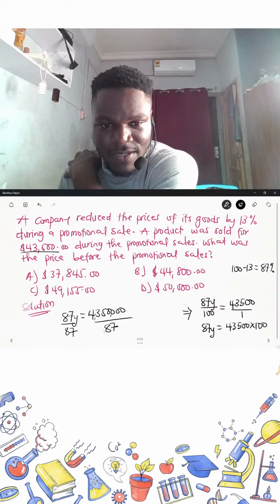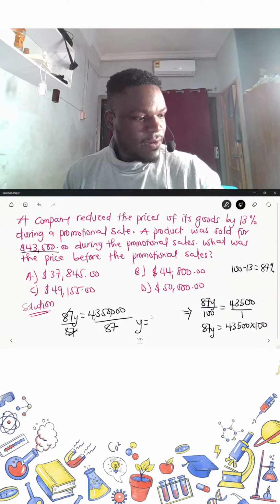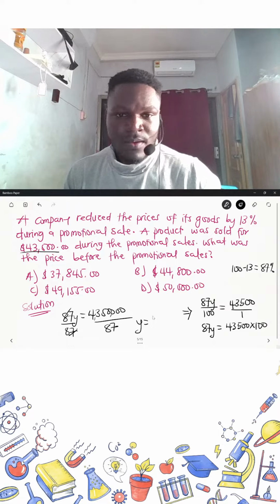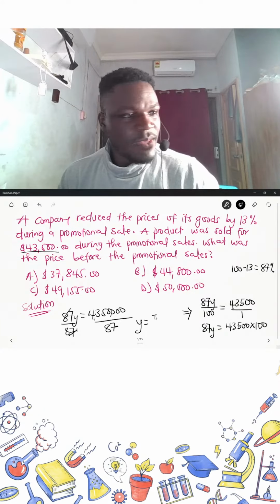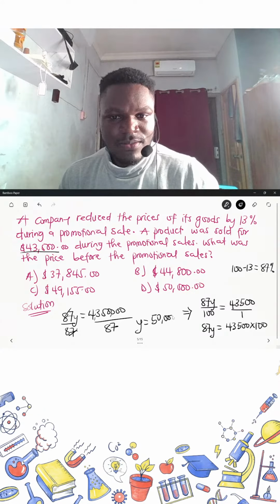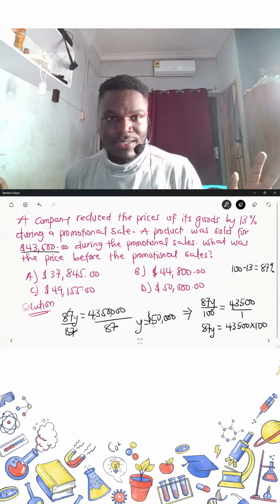So my y is now equal to 4,350,000 divided by 87, and that will give me exactly $50,000 as my price. Are we okay?